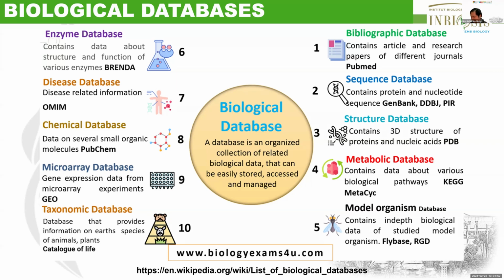These are specific to model or reference organisms. We have one for human, we have one for fly as a model for insects, and we have one for Arabidopsis as the model for plants, for example. Then we have enzyme databases such as Brenda, disease databases such as OMIM, chemical databases, PubChem, microarray databases, and lastly taxonomic databases. The one that I use mostly is the NCBI taxonomy browser.